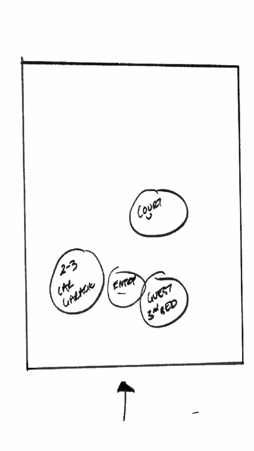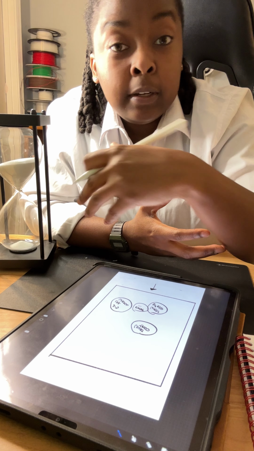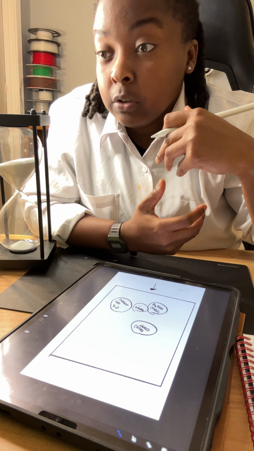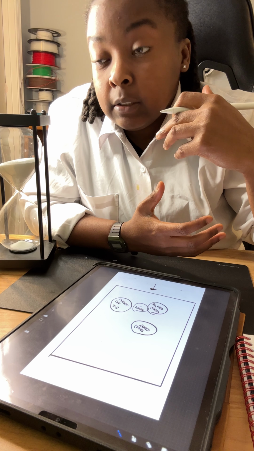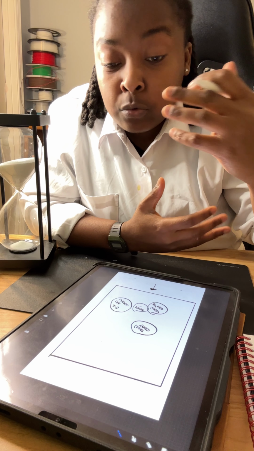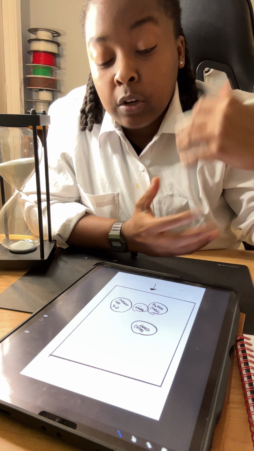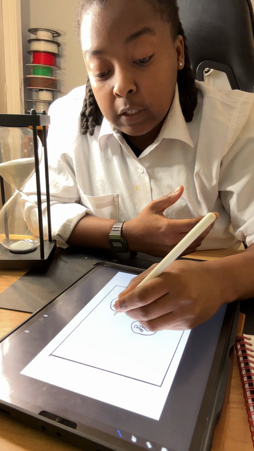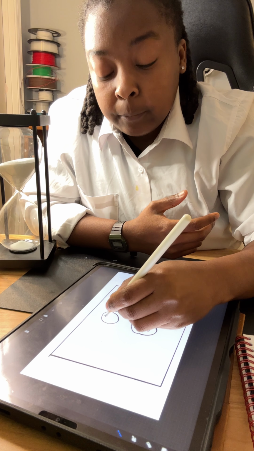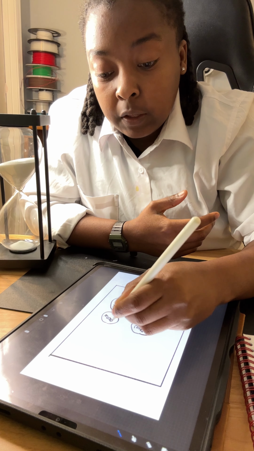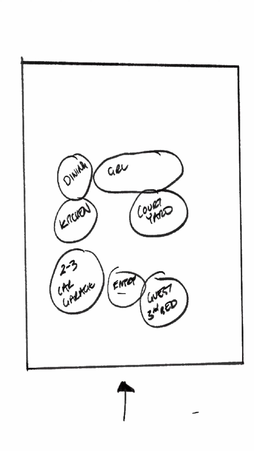And then that's also where the different family activity break off from. So we're going to also have the dining, the great room, the kitchen. So usually across from the courtyard, I like to have the kitchen. And then you have the dining.